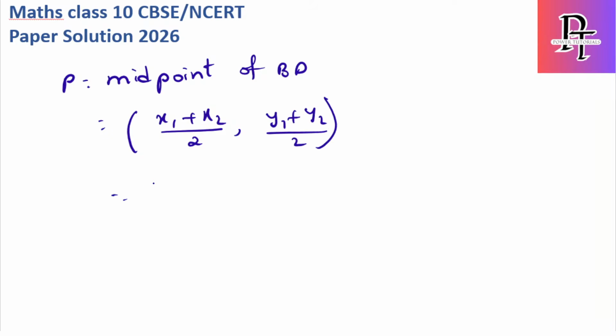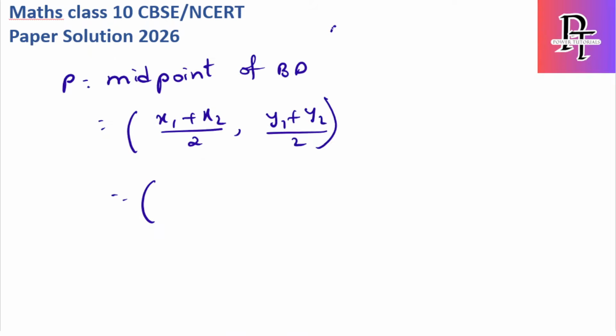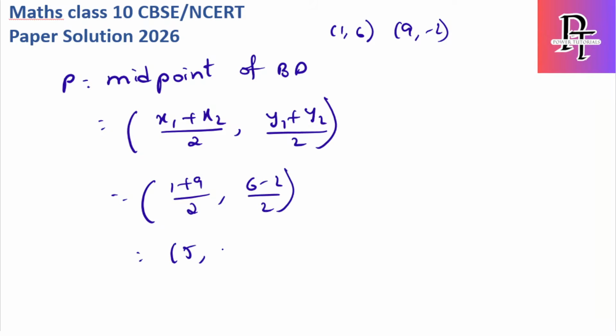What are the points? 1, 6 and 9, minus 2. So it is 1 plus 9 by 2 comma 6 minus 2 by 2. So 1 plus 9 is 10 by 2, which is 5. 6 minus 2 is 4 by 2, which is 2. So we got the P value, which is 5 comma 2.